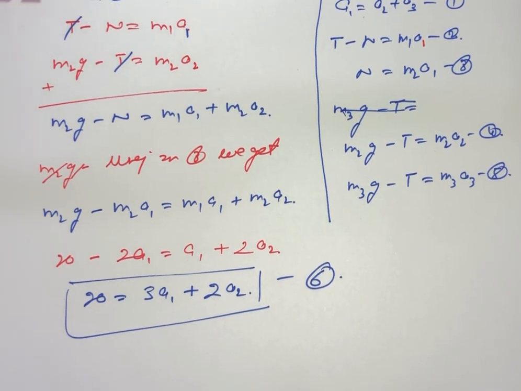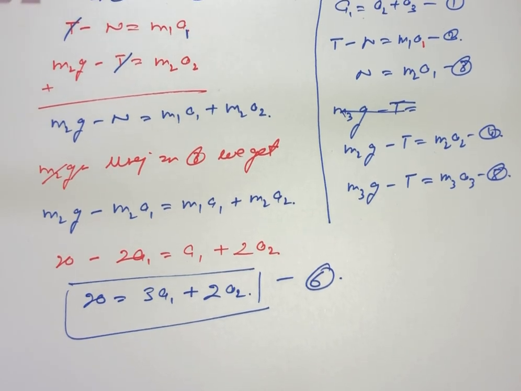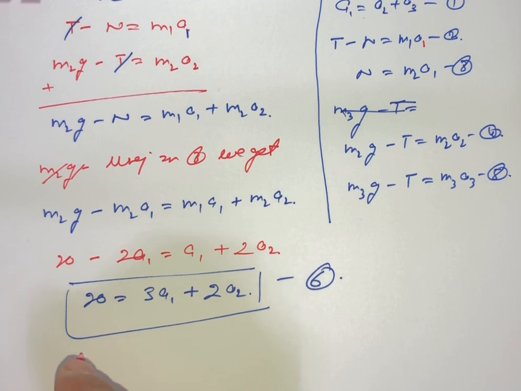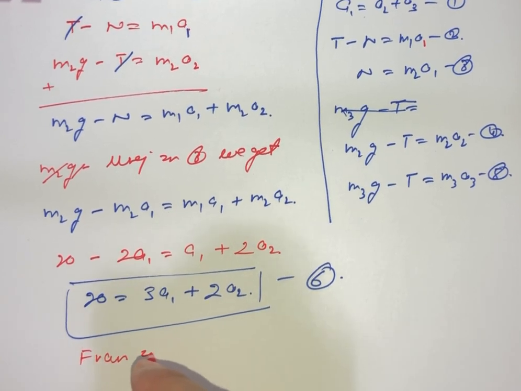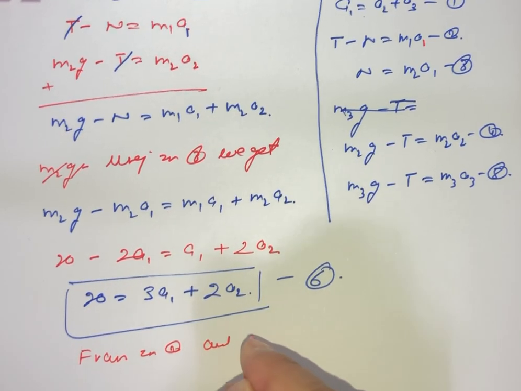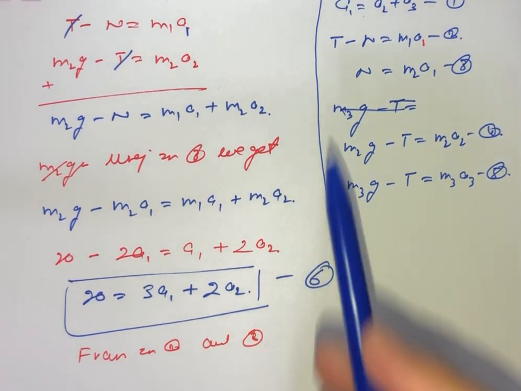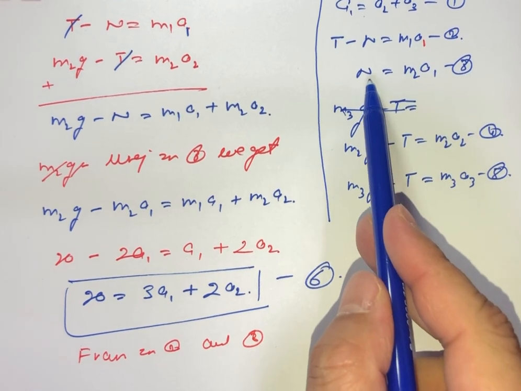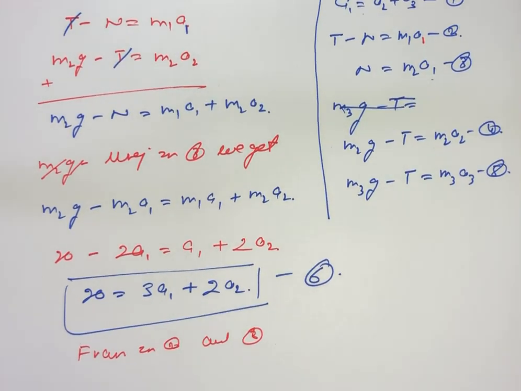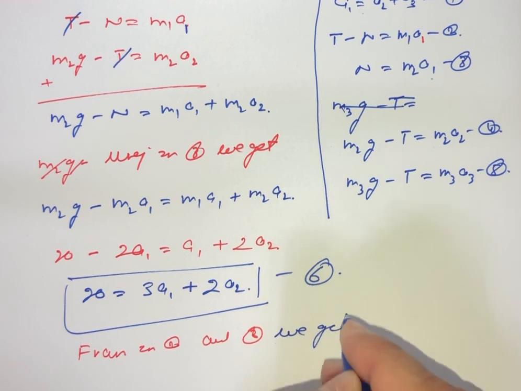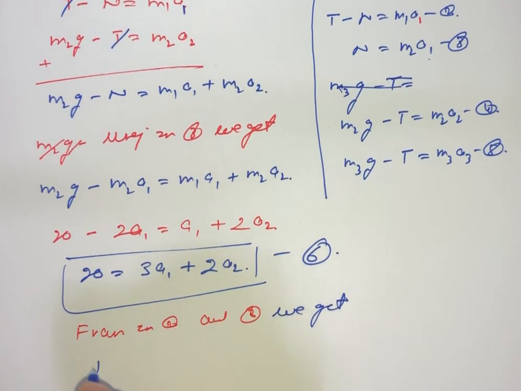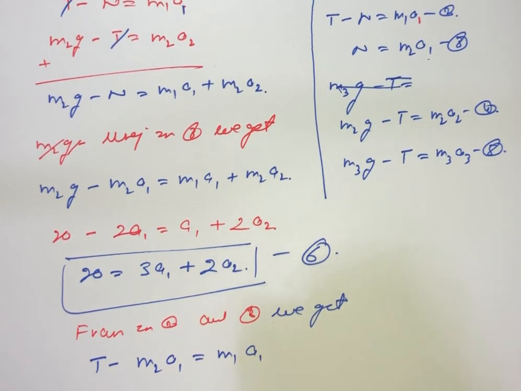And we use equations 2 and 3. From equation 2 and 3, 2 is T minus N is equal to M1a1, and 3 is N is equal to M2a1. We substitute it here, we get T minus M2a1 is equal to M1a1.